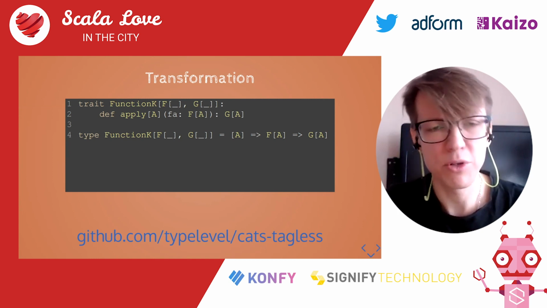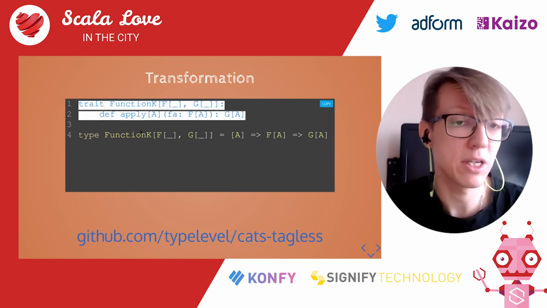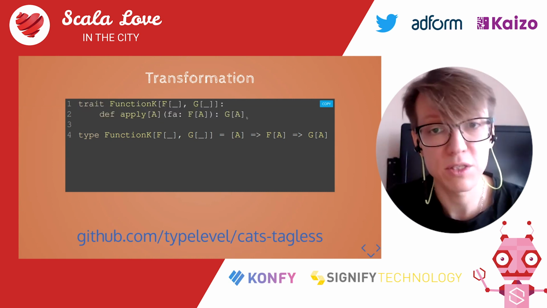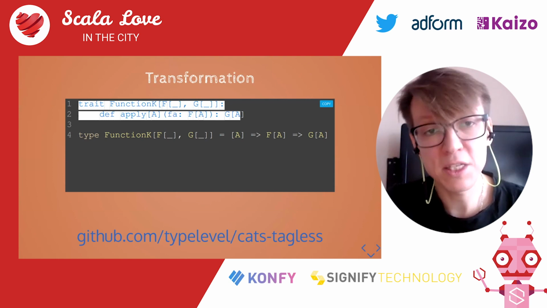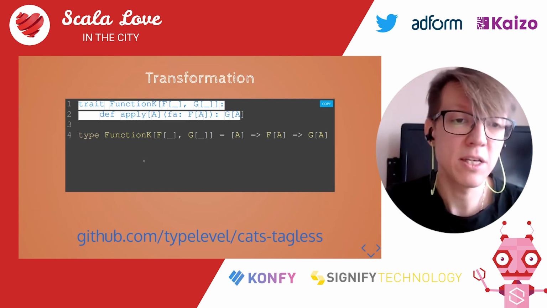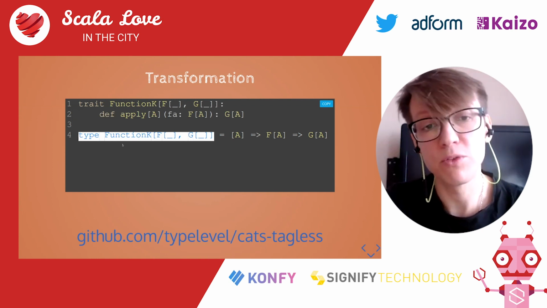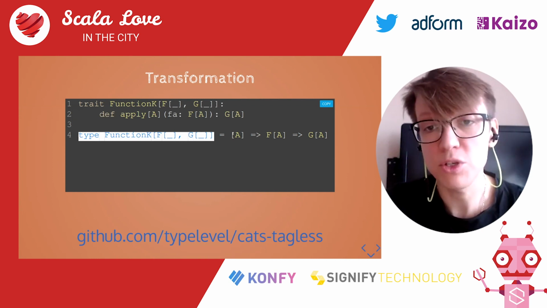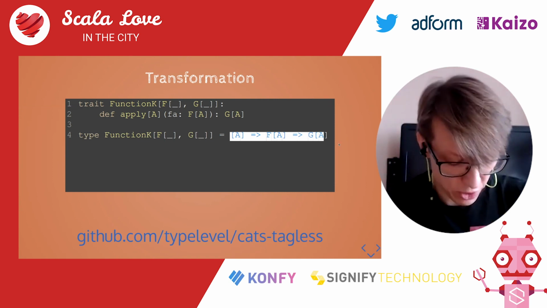That's not really important information. What you need to know is that we have this definition in our beloved cats library, and again we can write this type of transformation in terms of Scala 3 polymorphic function types.